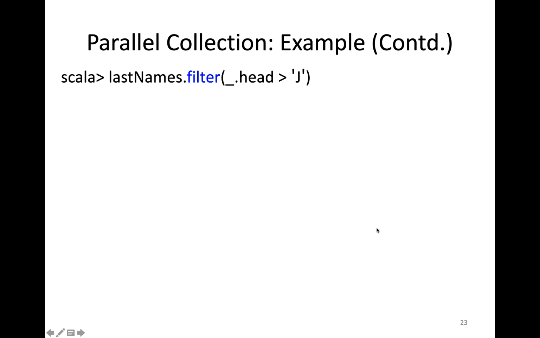Okay, not only map, we can use any other standard higher-order method to do this parallel computation, for example filter. And here the anonymous function checks whether the first letter of the word is greater than J or not. That means only those last names which start with a letter greater than J should remain.